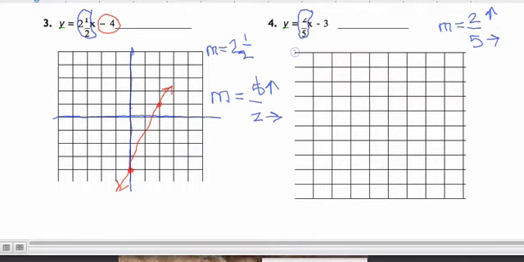And we're going to start with, oh, let's make some axes first. Okay, now we're going to start with our y-intercept, -3. So starting at the origin, I'm going to go down 1, 2, 3 and put my point. And from there I'm going to do the slope, which is up 2 over 1, 2, 3, 4, 5.